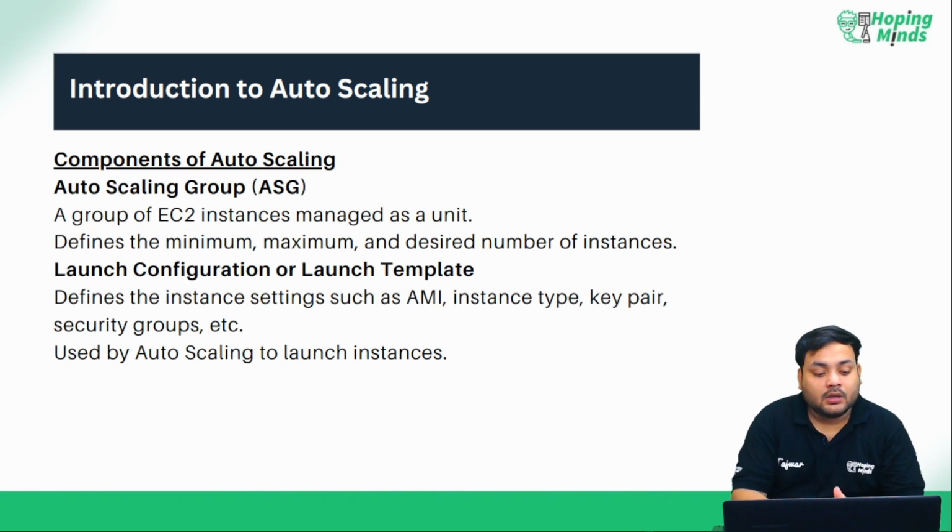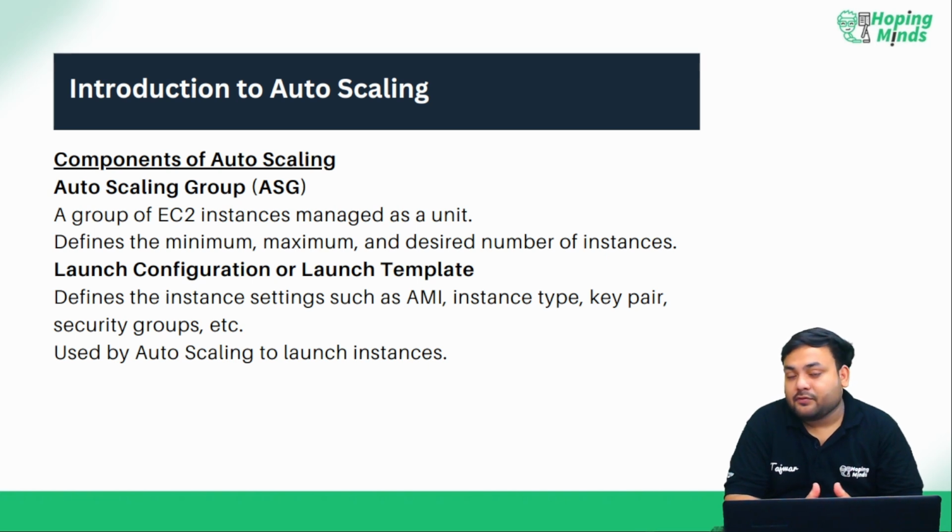Now there are a few components which we have to understand about auto scaling. The first is the auto scaling group, also known as ASG. It is a group of EC2 instances managed as a unit, and it defines the minimum, maximum and desired number of instances. So what we are going to do is open our AWS console, look for auto scaling group, and then create the template.